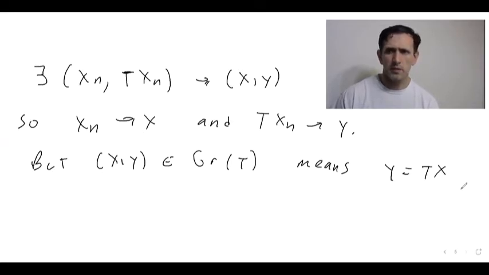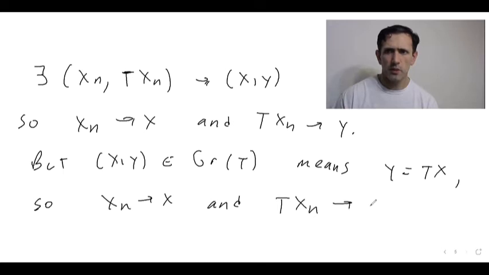The point is x_n converges to x, and T x_n is going to converge, and it's going to converge to T x.